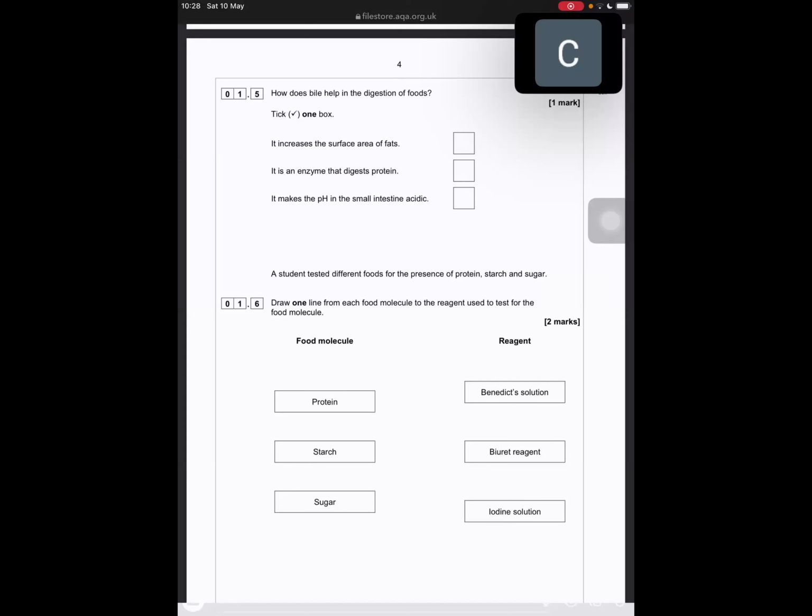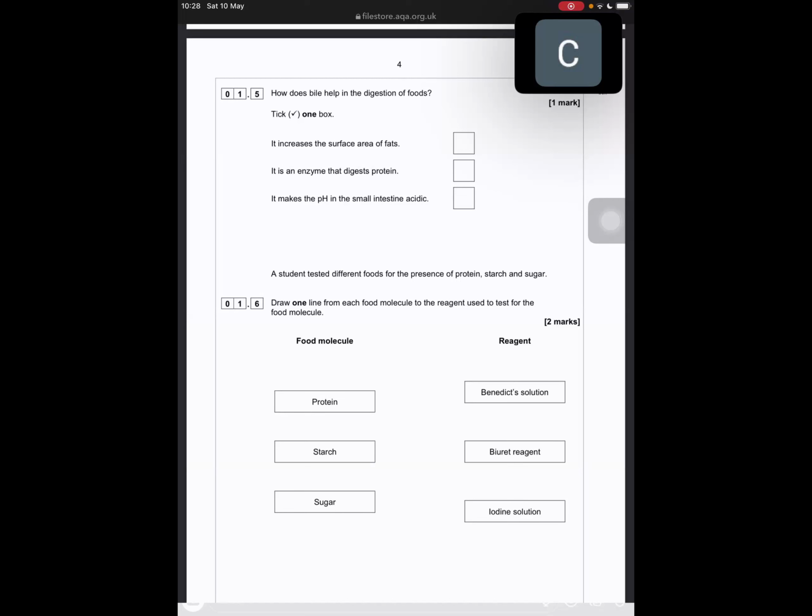So you got that extra info about the bile, right? All right. It says a student tested different foods for the presence of protein, starch, and sugar. Draw one line from each food molecule to the reagent used to test for the food molecule.